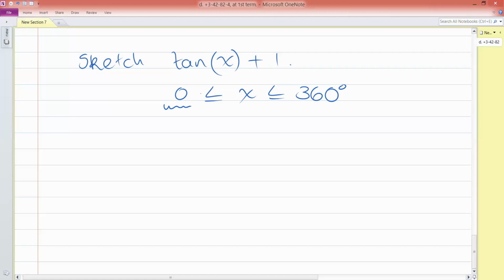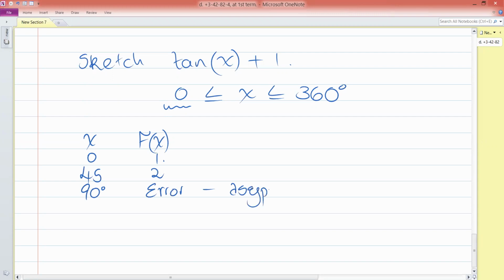Now what you get is x and then f(x). For the first one, it's 0 and 1, then 45 and 2. Then at 90, you get an error. So this is our first asymptote.